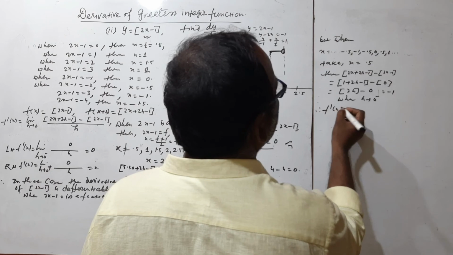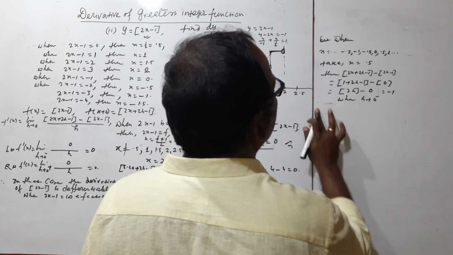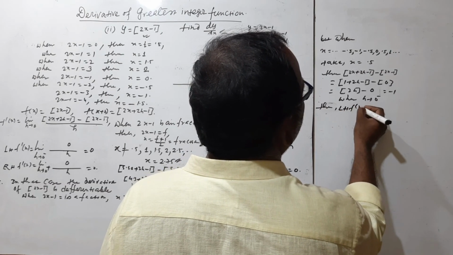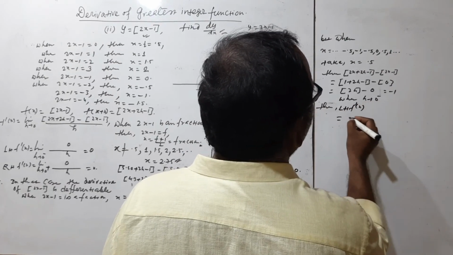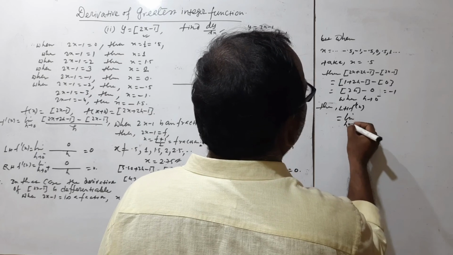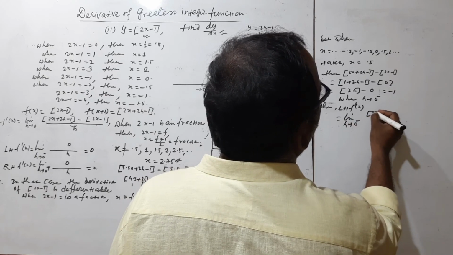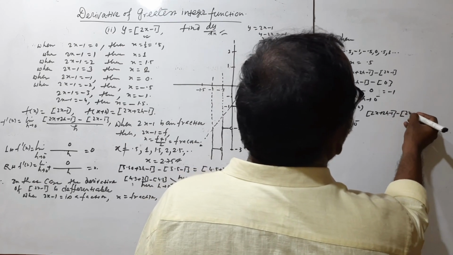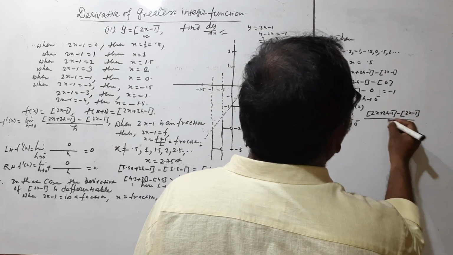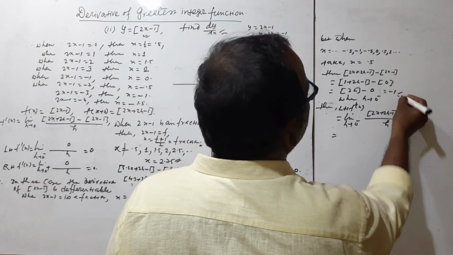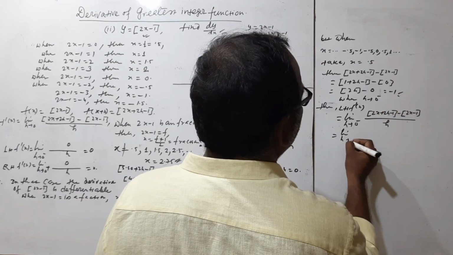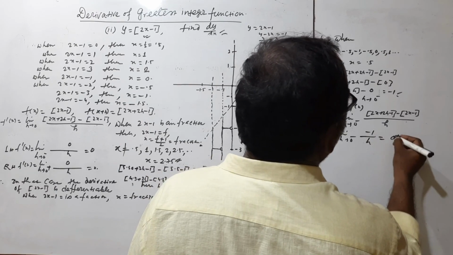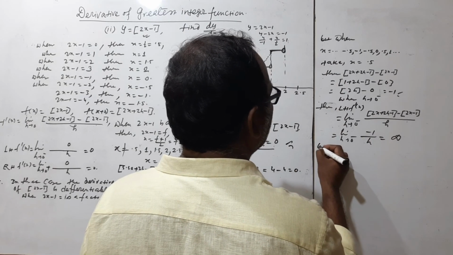Therefore the left hand f dash x is equal to limit h tends to 0 minus box of twice x plus twice h minus 1 minus twice x minus 1 over h. So this is actually limit h tends to 0 minus 1 over h, so this is infinity.